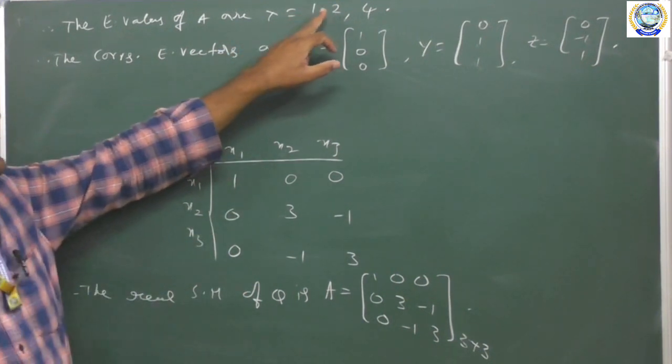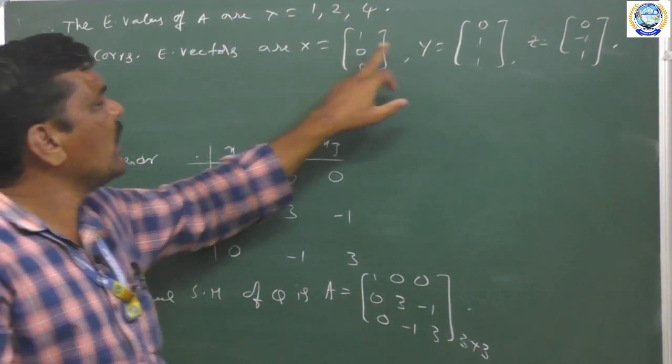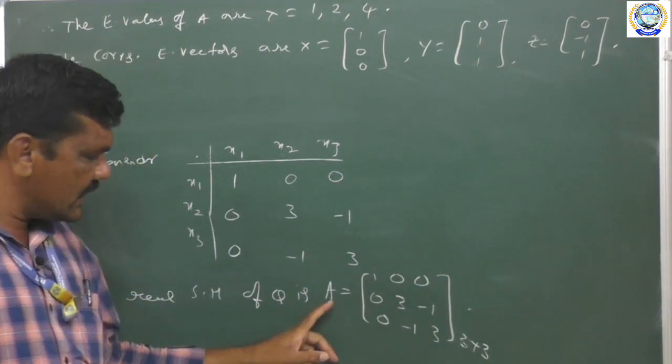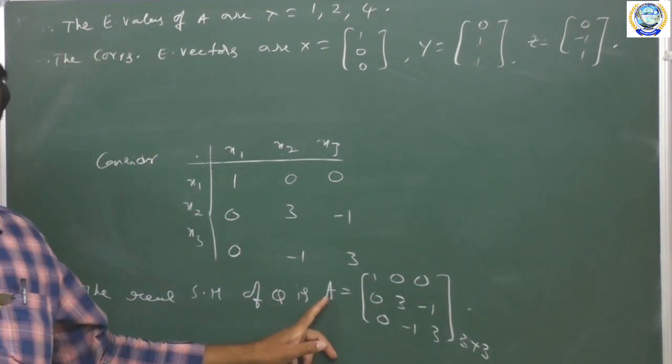These are the eigenvalues and corresponding eigenvectors of the symmetric matrix A.